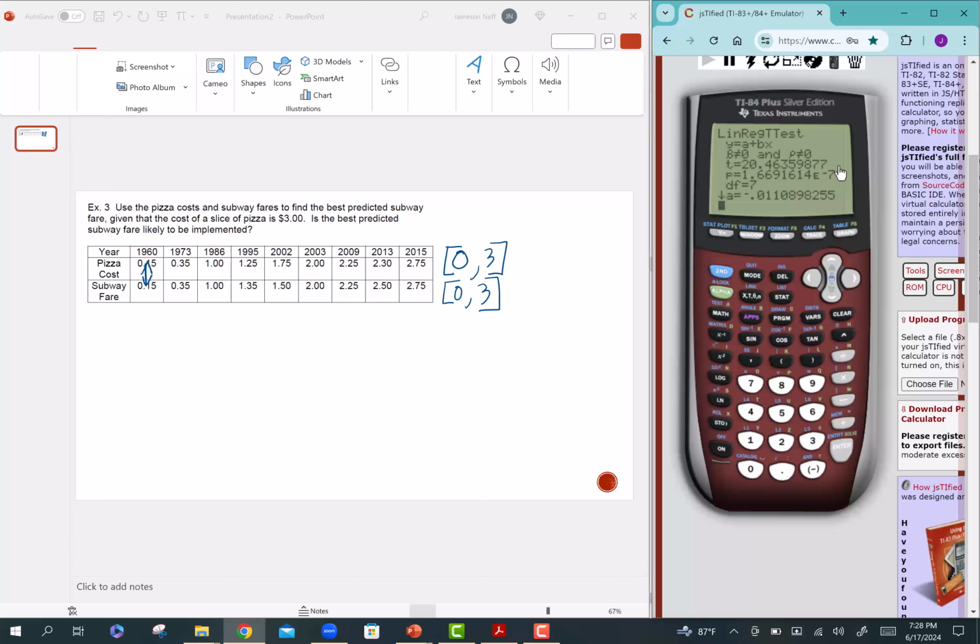And then we have some information here. So first off, notice the p-value here. Here it says that p is equal to, which is basically 0.